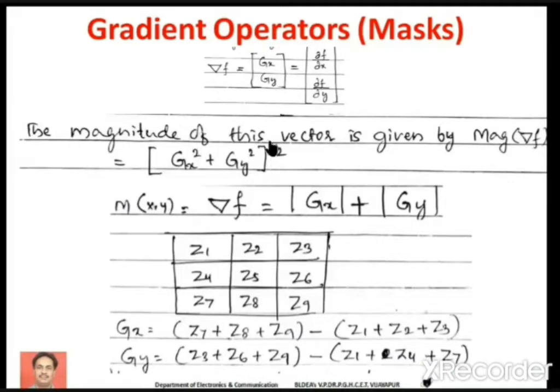The magnitude of this vector is the magnitude of del f, given by the square root of gx square plus gy square. This is how to compute the magnitude. However, in image processing, we just use the equation M of x y, the magnitude, equal to absolute of gx plus absolute of gy.